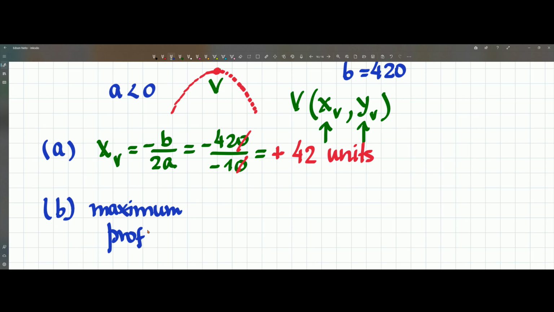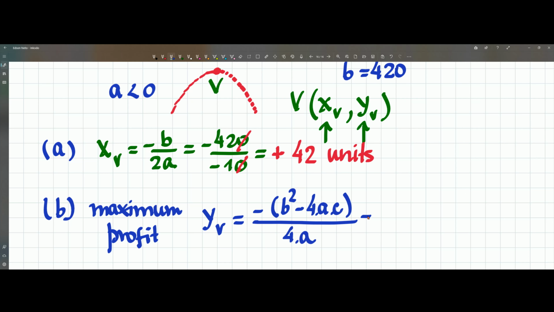Maximum profit is y of the vertex. In this case, what is the expression? Minus b squared minus 4 times a times c, all over 4 times a.